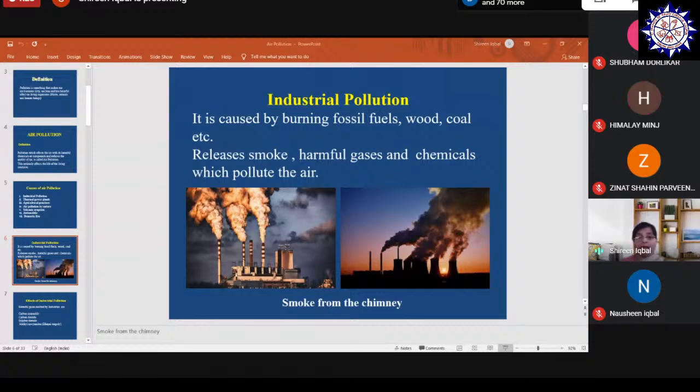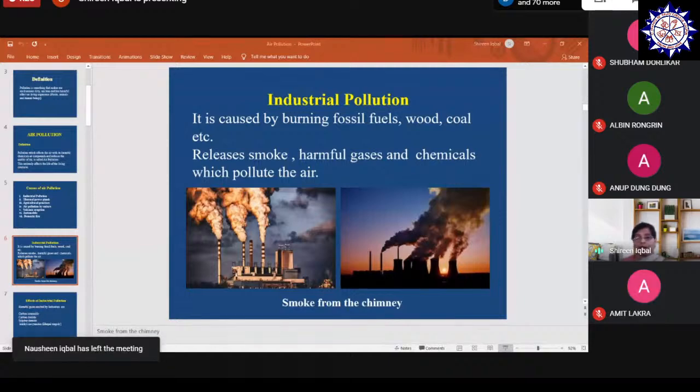We know it very well. In the picture, you can see the dirty, black smoke emitting from the chimney, isn't it? This smoke contains harmful gases and chemicals, which pollute the complete atmosphere.